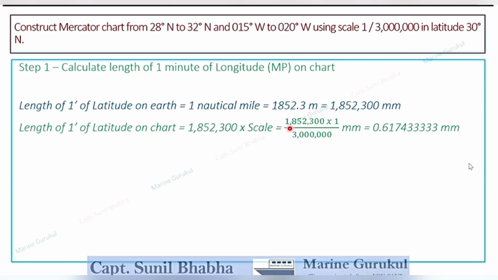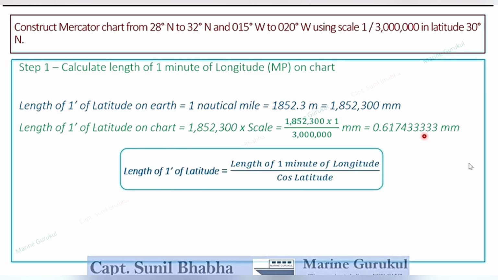So the same thing is mentioned here, 1852300 multiplied by 1 upon 3 million, and it gives us a value of 0.61743333 millimeters. We have taken it up to a high accuracy because that makes our calculations all the more accurate.